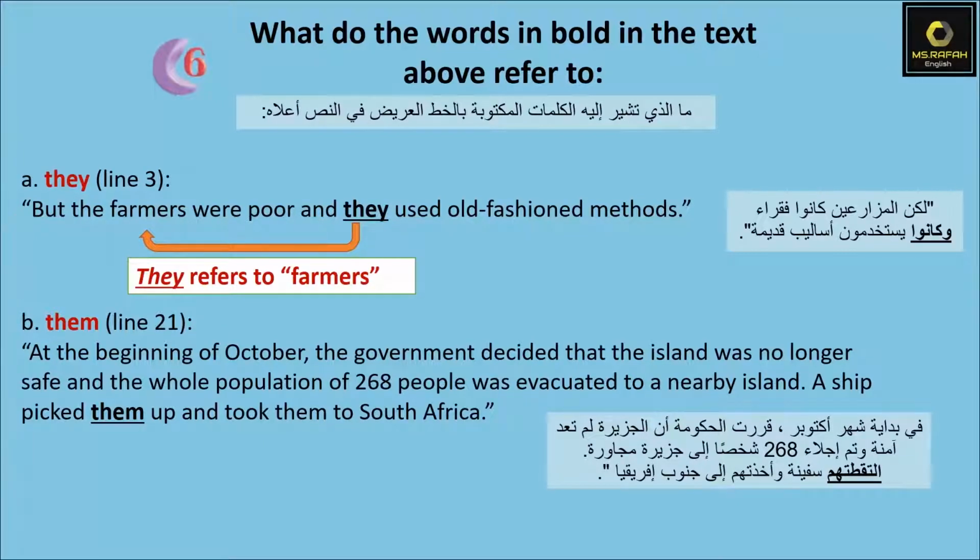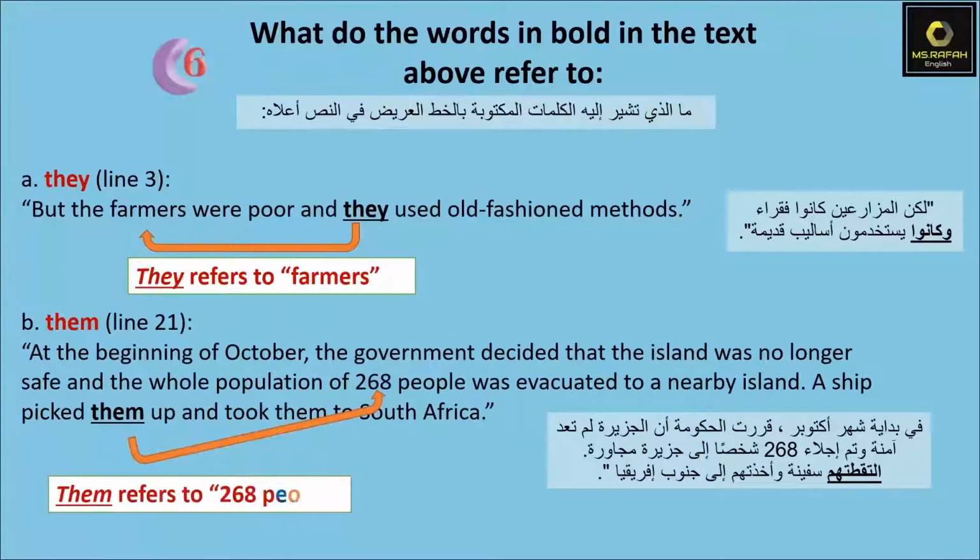A ship picked them up and took them to South Africa. كلمة them عائدة على مين؟ ببداية شهر أكتوبر قررت الحكومة إنه الجزيرة لم تعد آمنة وتم إجلاء 268 شخص إلى جزيرة مجاورة. التقطتهم. مين التقطت؟ 268 شخص. إذن them refers to 268 people.